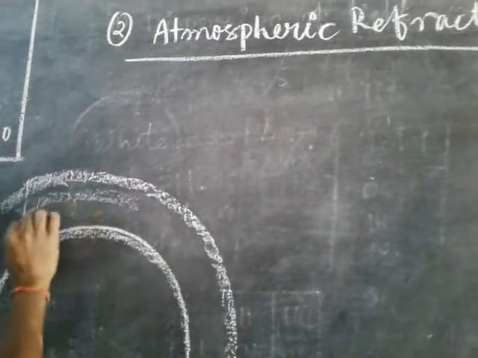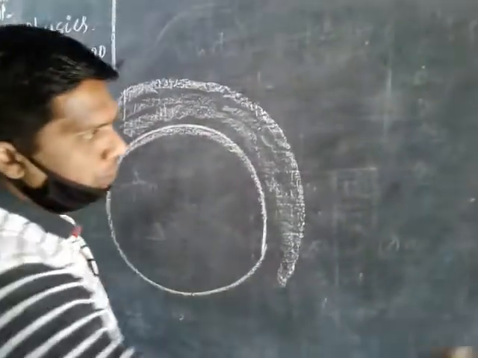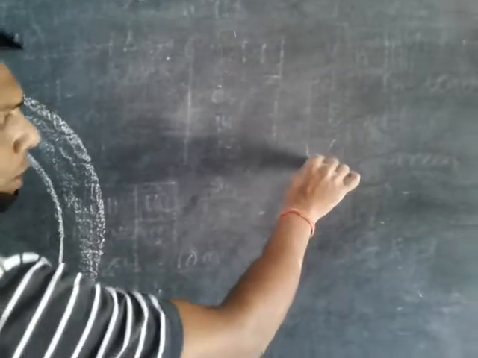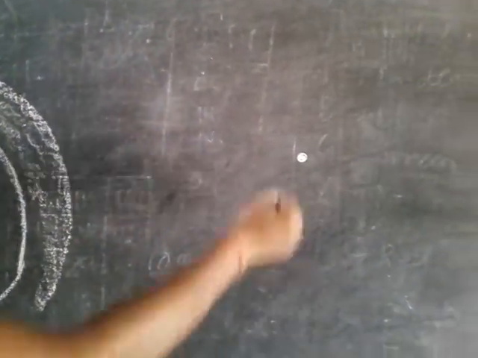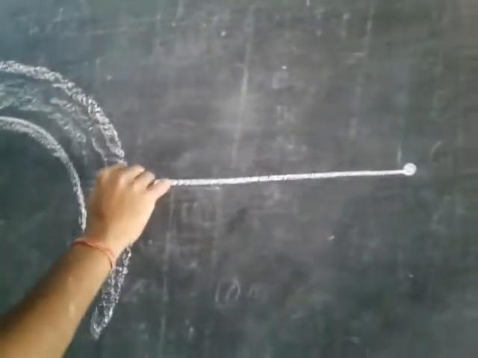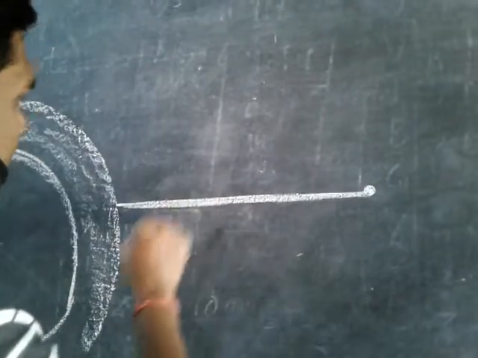That means this is the layer of air. Clear this one? Suppose the source of light is here, and you know that a ray of light travels in a straight line. Suppose this ray of light travels in a straight line.